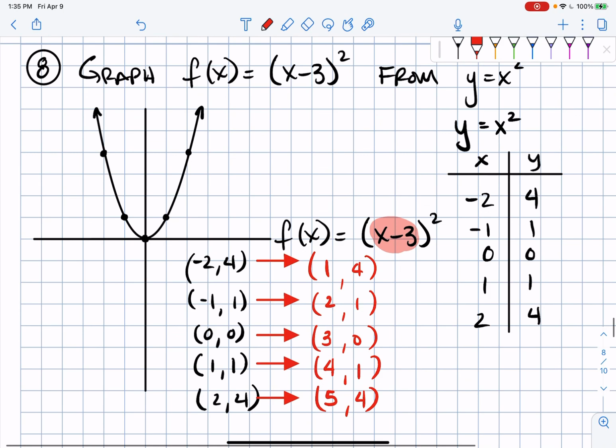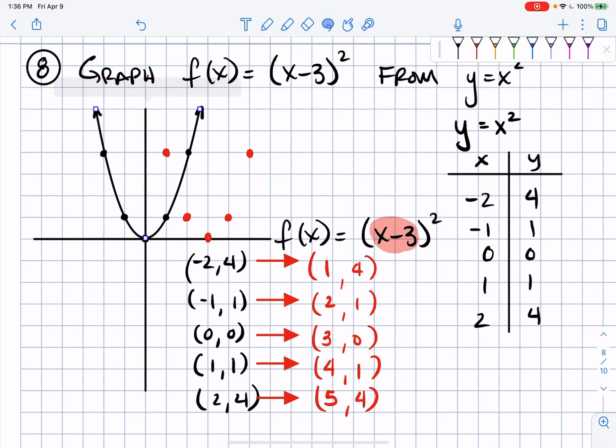So my new points are now going to be 1, 4, which makes sense because I moved this point 1, 2, 3 to the right. Okay? 2, 1. 3, 0. 4, 1, and 5, 4. And there we go.